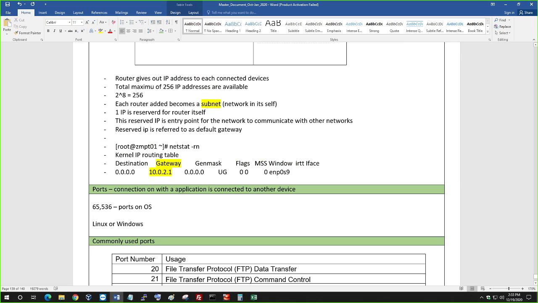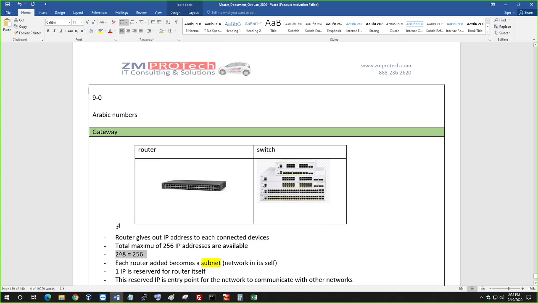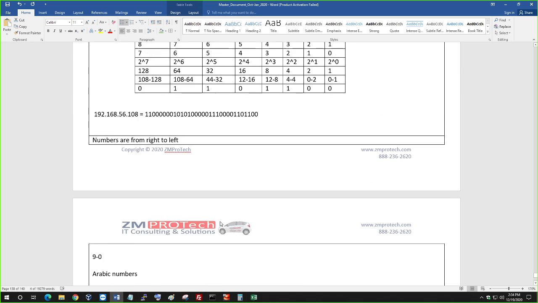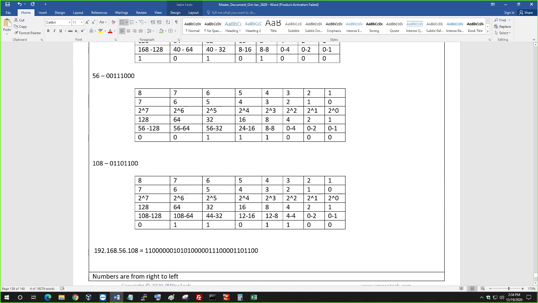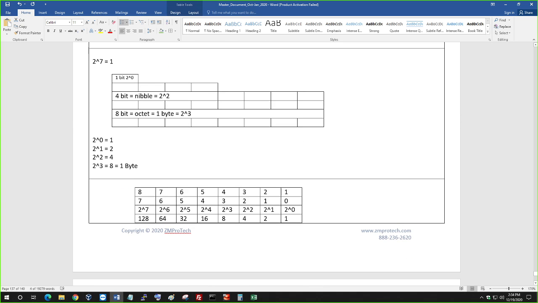So each subnet could hold a maximum of, don't get confused here, the subnet is an IP address octet. An IP address octet is 2 to the power of 8, okay?